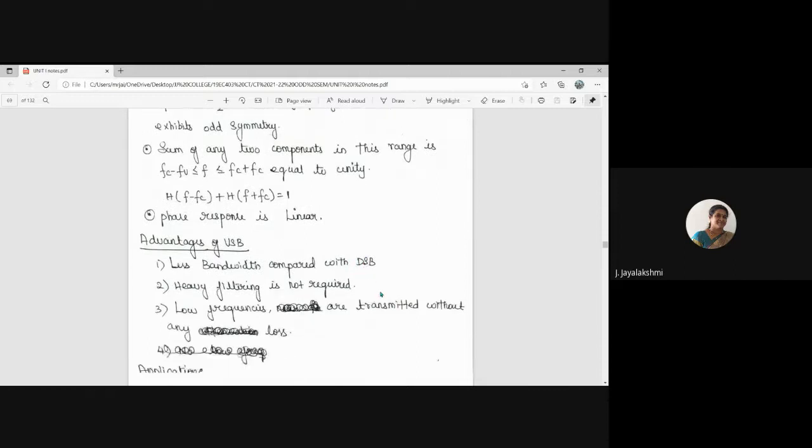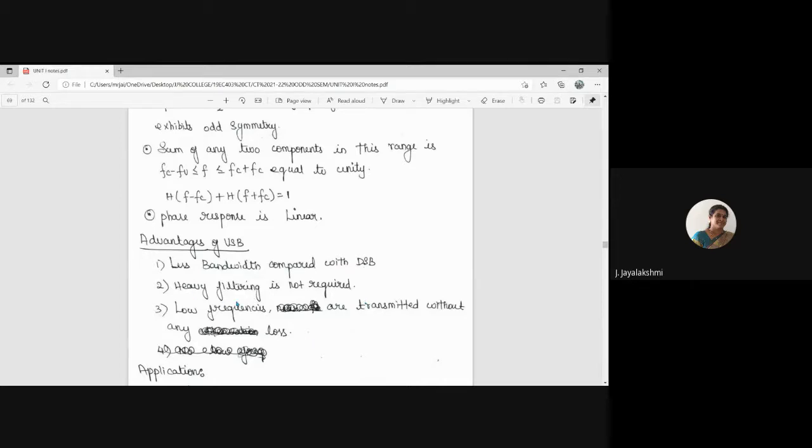What is the advantage of this vestigial sideband? First, you can compare with the bandwidth. Double sideband needs 2 FM, whereas single sideband needs only FM. So this is going to be in between. Compared to the double sideband suppressed carrier, it needs lesser bandwidth, and heavy filtering is not needed.